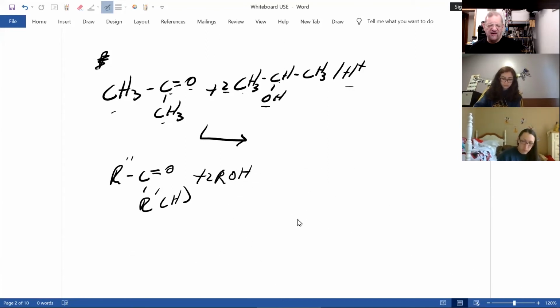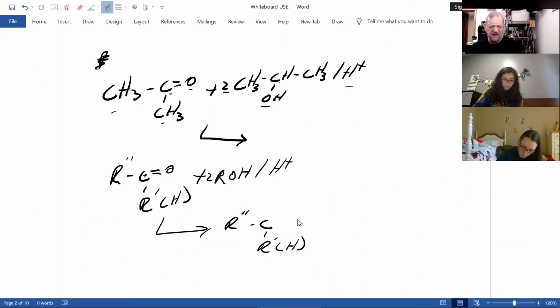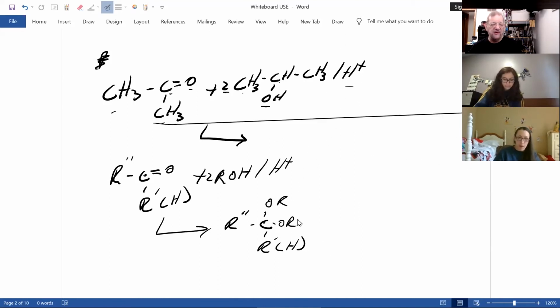And notice you have acid catalyst. H plus is acid, usually sulfuric. It can be other ones that I'm not teaching. Keep your eye on the carbonyl carbon. What's attached to it? R prime and R double prime are still there. Then it will have two oxygens, and on each oxygen, an R group. And now if we look here, our prime and our double prime are methyl.